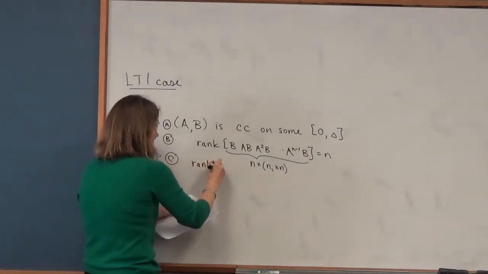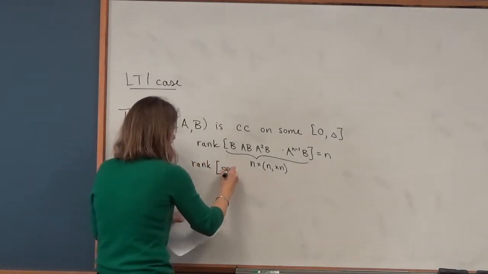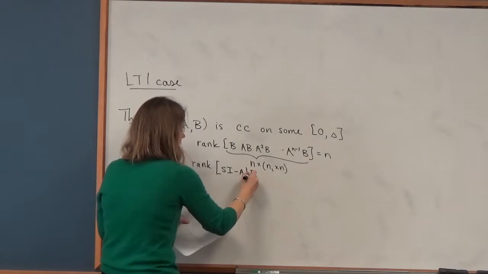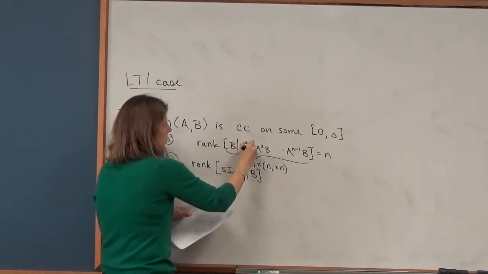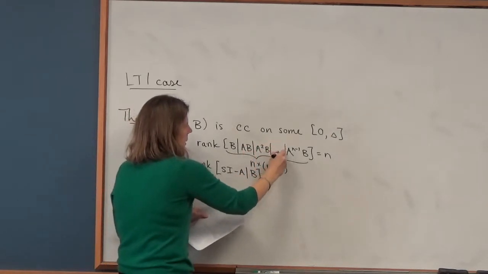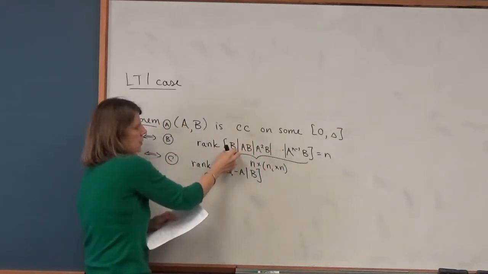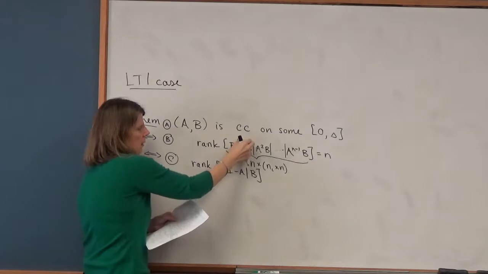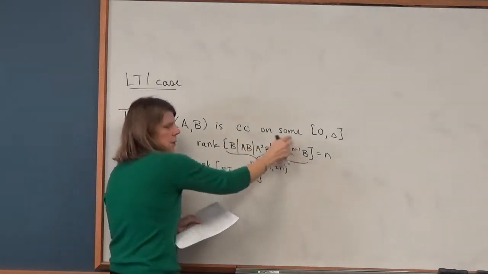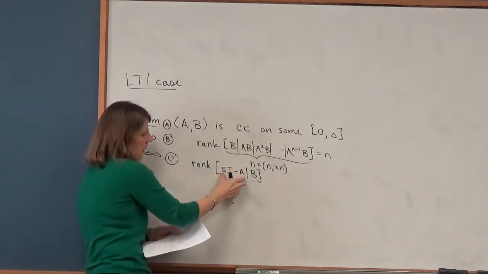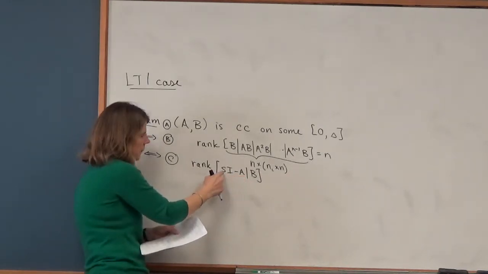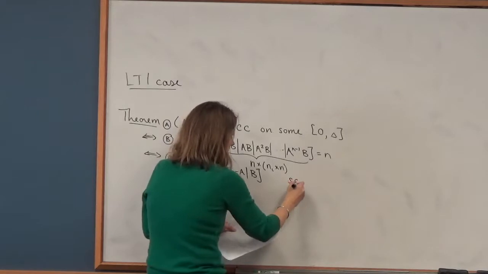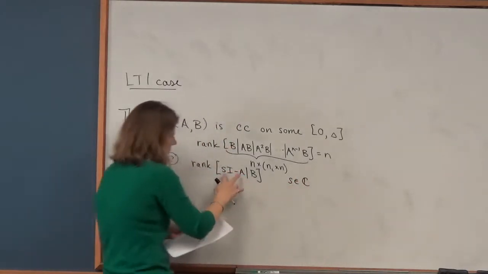The third is that the rank of this matrix, sI minus A, B, okay, so I'm going to put these lines here. We've used this before just to indicate there's a partitioning. Those lines just mean here's my first set of columns, here's my second set of columns, but the matrix is the whole thing. This is an n by n matrix, sI minus A, where s is just a complex number.